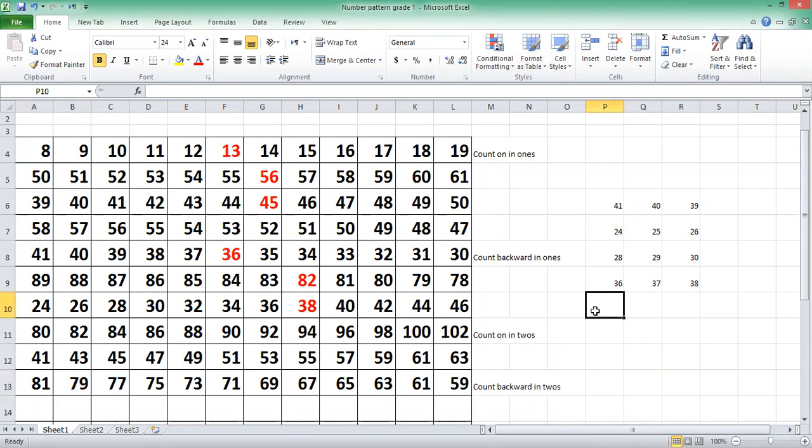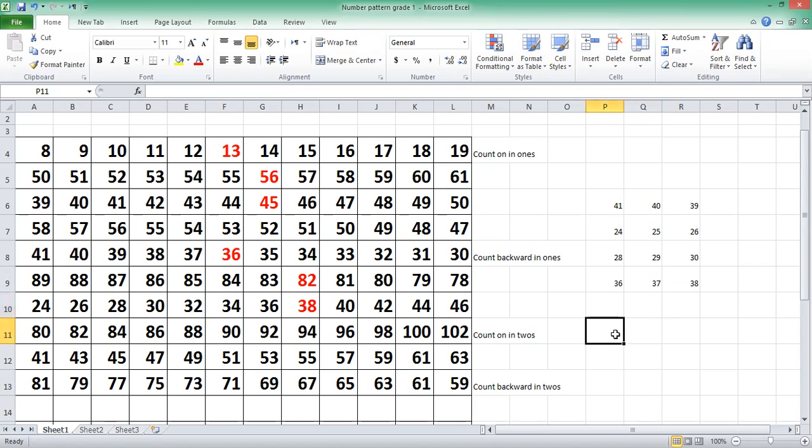That means we are not adding. We are counting backwards. We are subtracting. How do you know? Because 79 is less than 81.